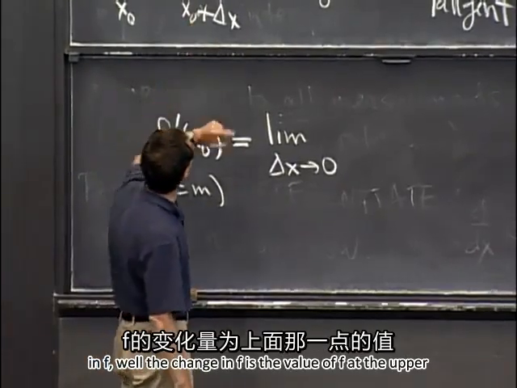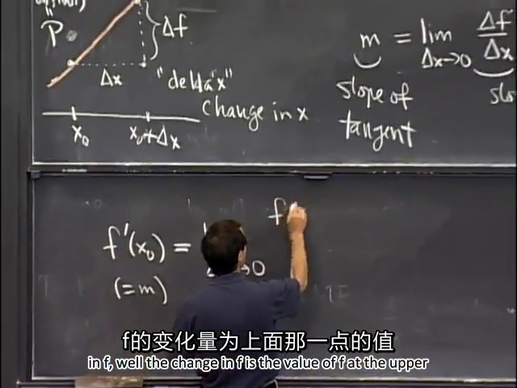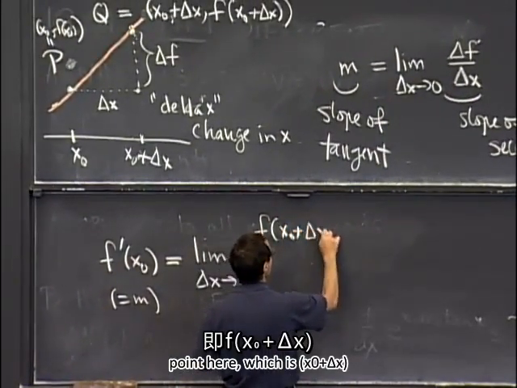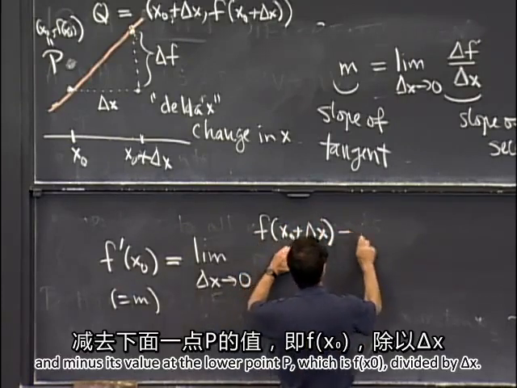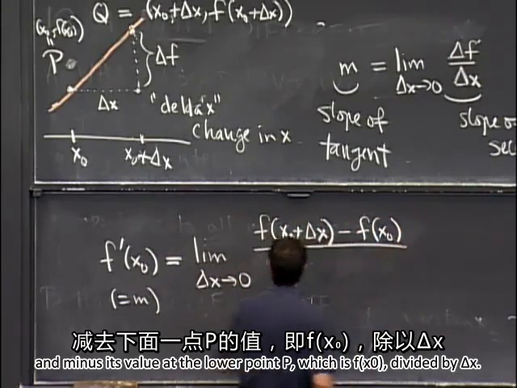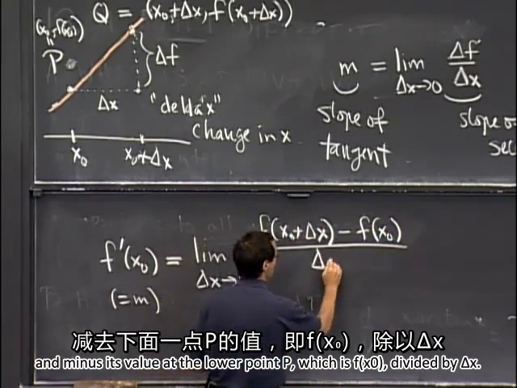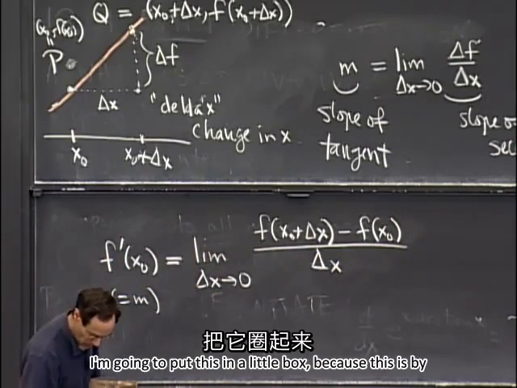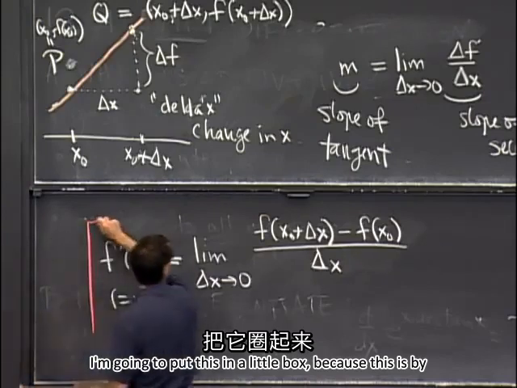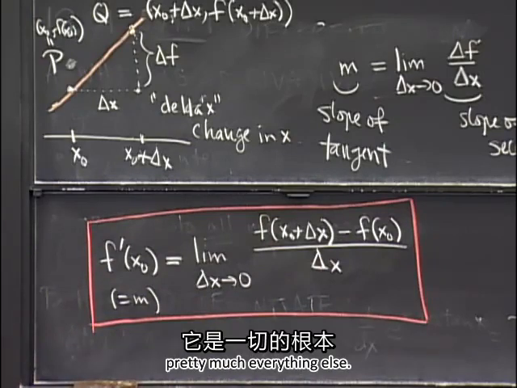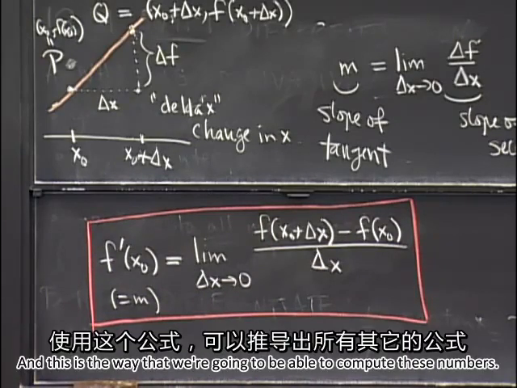Well, the change in f is the value of f at the upper point here, which is x0 plus delta x, and minus its value at the lower point, P, which is f of x0, divided by delta x. All right, so this is the formula. I'm going to put this in a little box because this is by far the most important formula today, which we use to derive pretty much everything else. And this is the way that we're going to be able to compute these numbers.